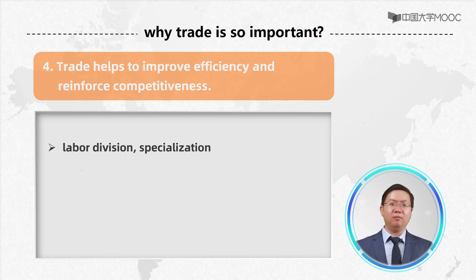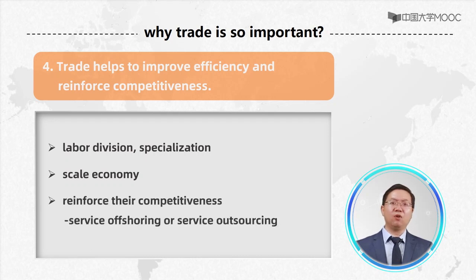At the same time, because of specialization and trade, countries can also benefit from large-scale production. Because of service offshoring or service outsourcing, firms can focus on the key steps of production, and in this way, reinforce their competitiveness.